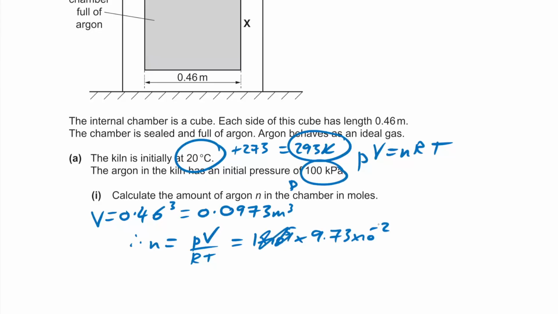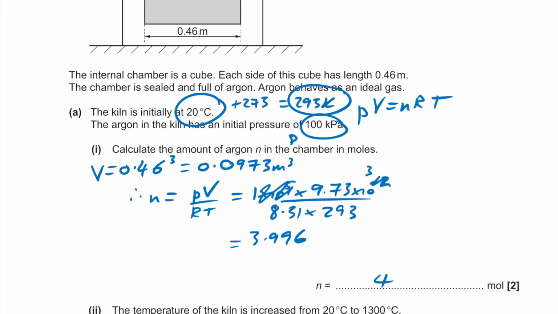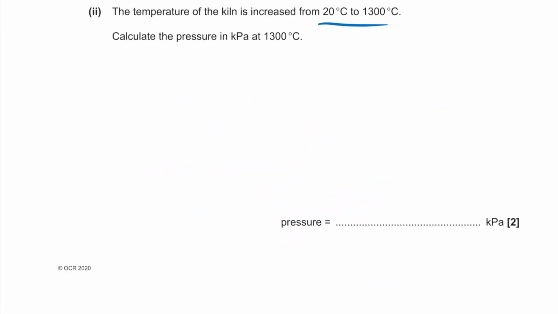Actually I can just change that to times 10 to the 3, cool. Divided by 8.31 times our temperature of that. And we end up with 3.996, so basically 4 moles.